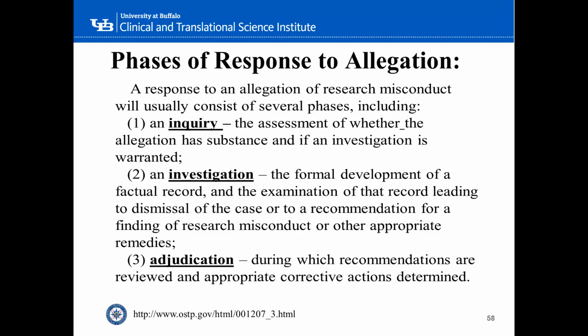If it's thought that an investigation is warranted, there's a formal development of a factual record. There's examination of that record leading to dismissal of the case or to recommendation for finding of research misconduct or other appropriate remedies. Those recommendations are made to the provost. And third, the adjudication, during which recommendations are reviewed and appropriate corrective actions are determined. This is all in place under the Office of Research Integrity.